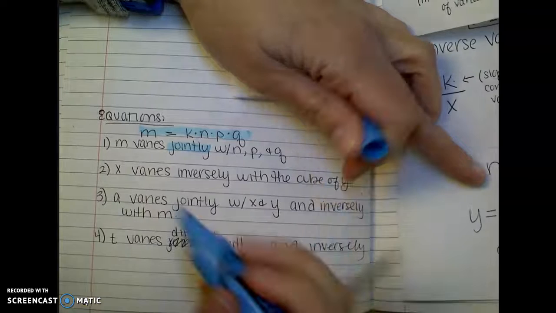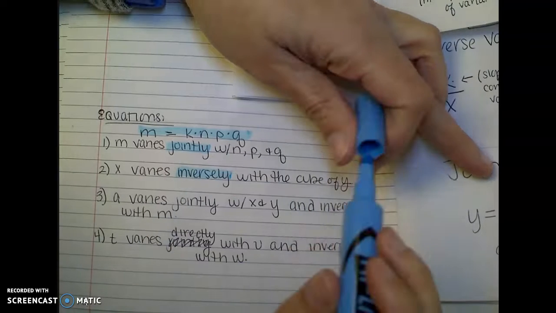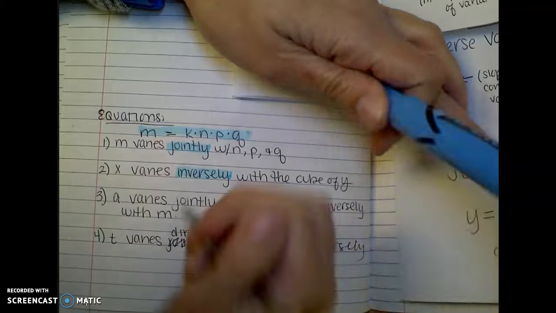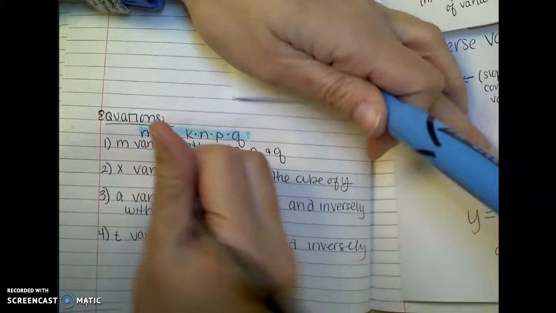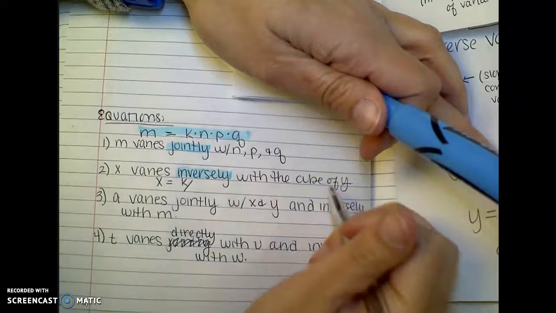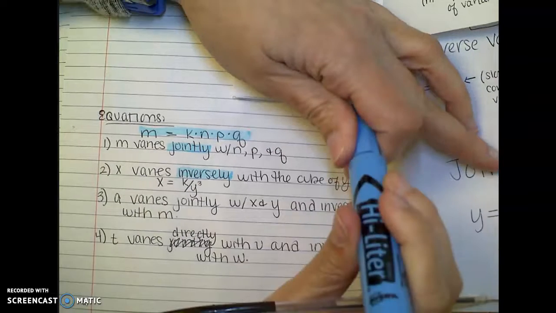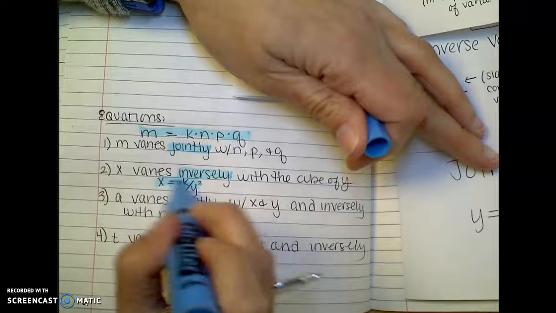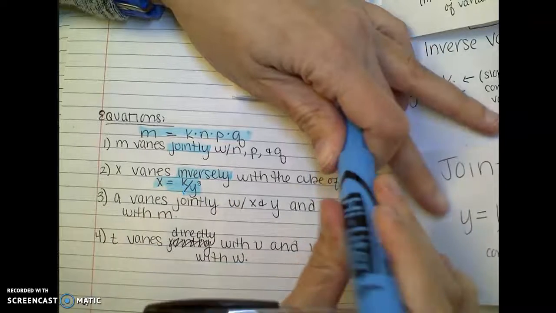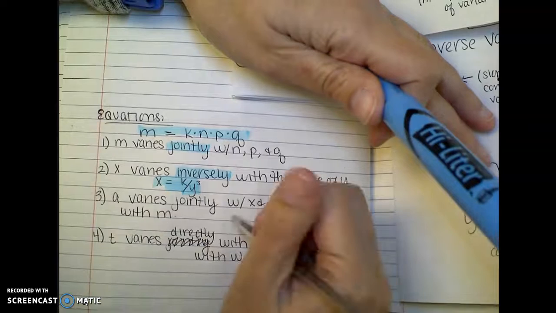So for number 2, x varies inversely with the cube of y. So that's interesting. So inversely means that I should divide the cube of y, which is y to the 3rd. Okay. A varies jointly with x and y.